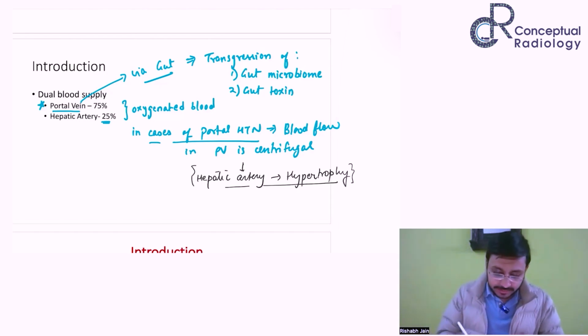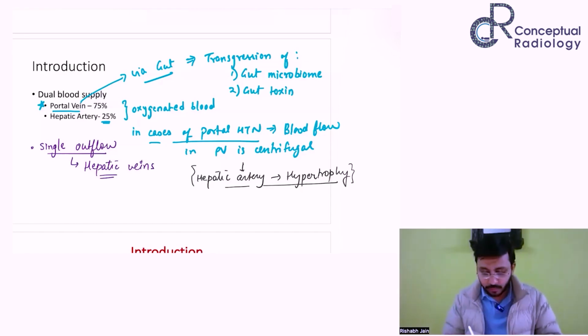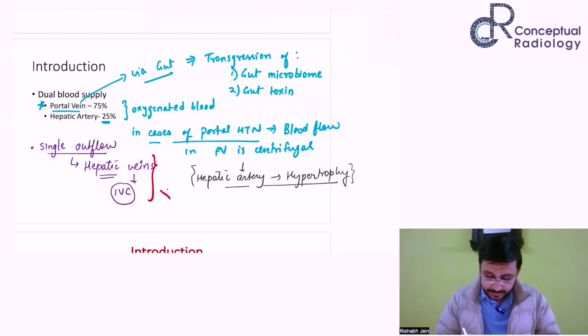So number one is that the liver has a dual blood supply and it has a single outflow in the form of hepatic veins, which drain into the IVC. This particular information is important in cases of HVOTO or Budd-Chiari syndrome.